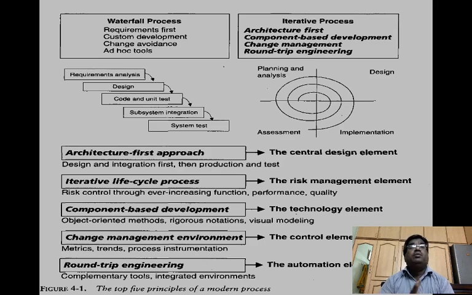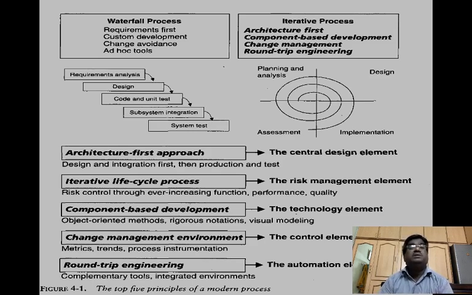That's why the waterfall model is known as a linear model, and all problems, issues, and risks are identified at the end. It follows requirements analysis, design, code and unit test, subsystem integration, and system testing in a phase-wise manner.